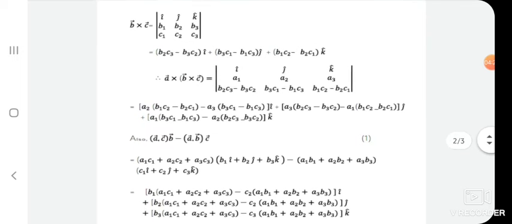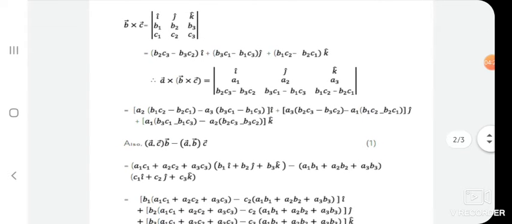Then first my aim is to find b cross c. If we take b cross c, it is equal to the determinant i j k, b1 b2 b3, and c1 c2 c3.